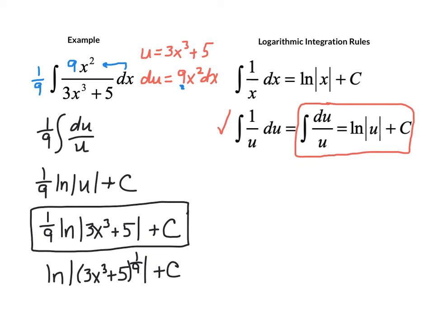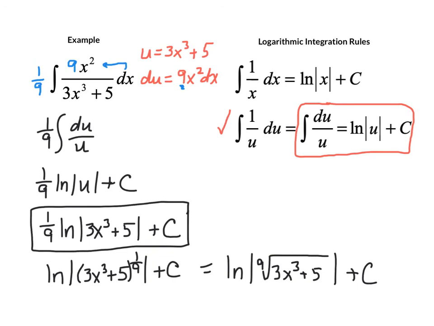Or you could even see it expressed as a radical, a 9th root. These are all equivalent forms of the same antiderivative. It would depend what you want to use it for, but in most cases we leave it in the indicated form here in the box.